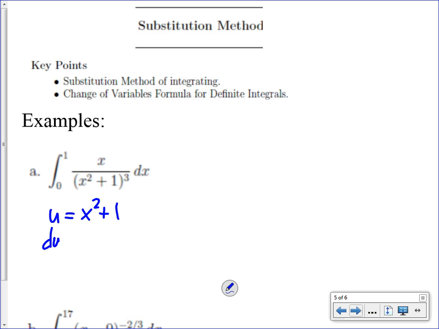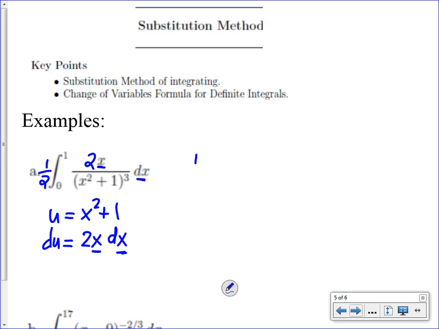We're going to find the derivative of that, which is du. And then we're going to start substituting. So I'm noticing that we have the x and the dx, okay? But we don't have the 2 in front of the x. So this is one of those cases where we can add it as long as we cancel it. So now everything will match to where we can do our u substitution.